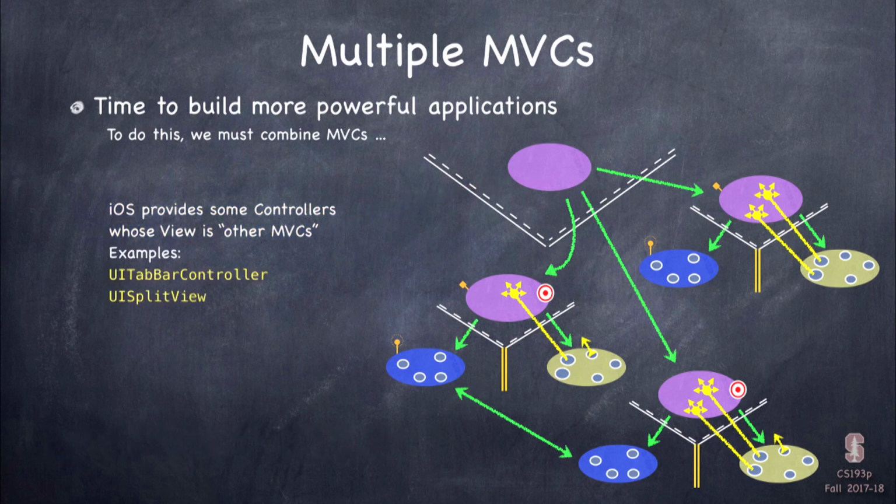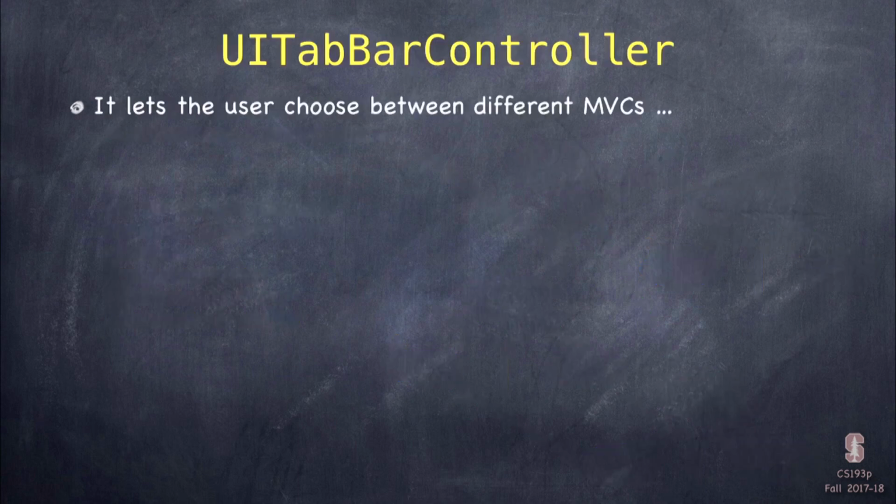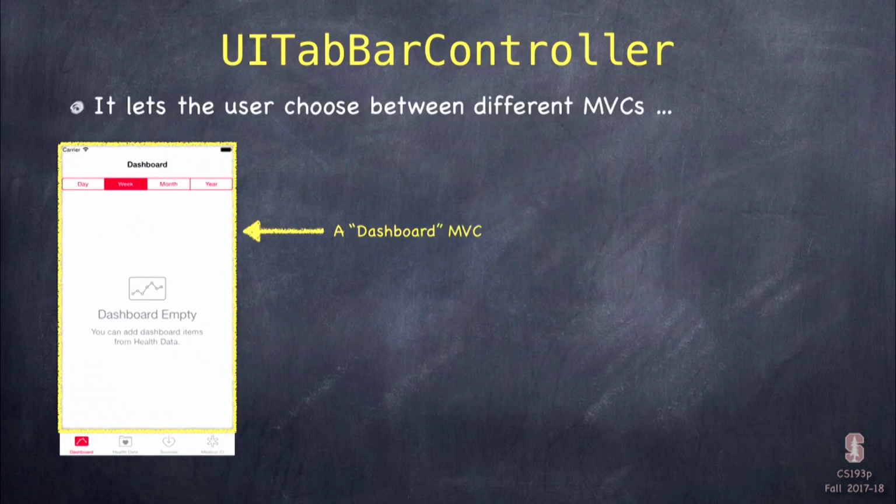And the 3 that iOS provides are TabBar controller, SplitView controller, and Navigation controller. Now, there are other ways to combine MVCs that we'll talk about later in the quarter, but this is the primary way that we're going to do it with these 3 MVCs. Those 3, TabBar, SplitView, and Navigation controller, are the controllers of MVCs.